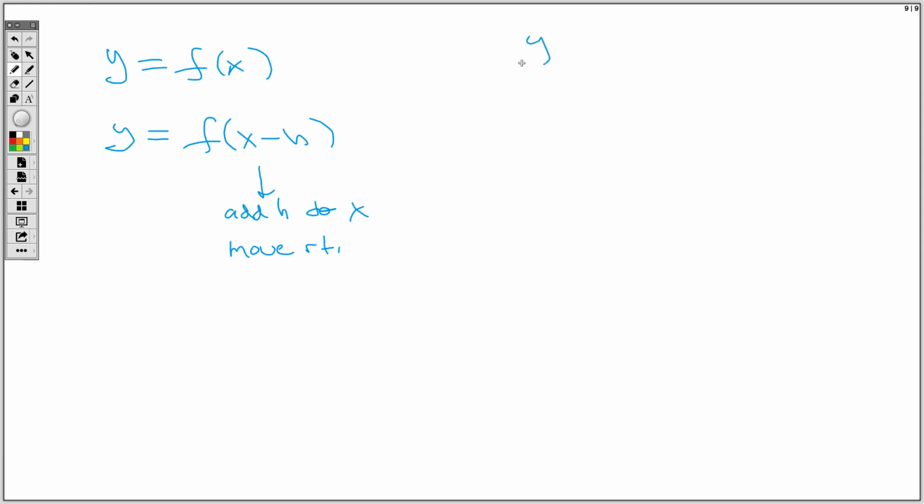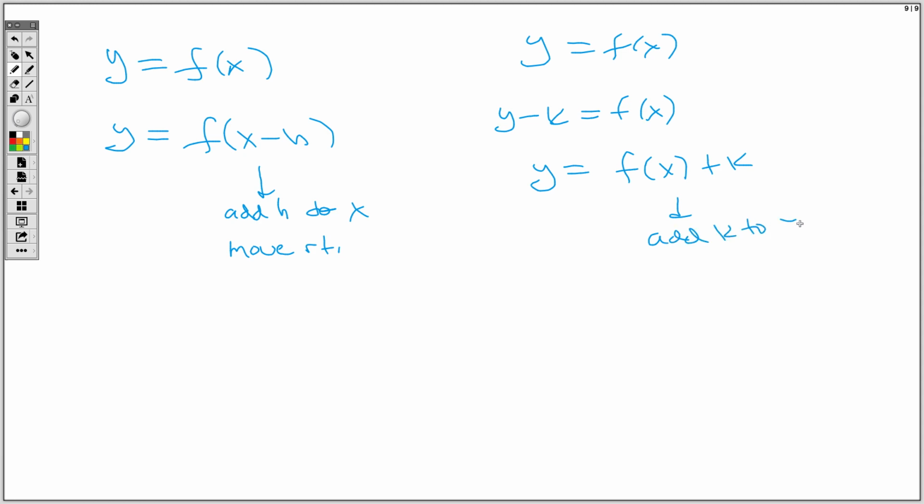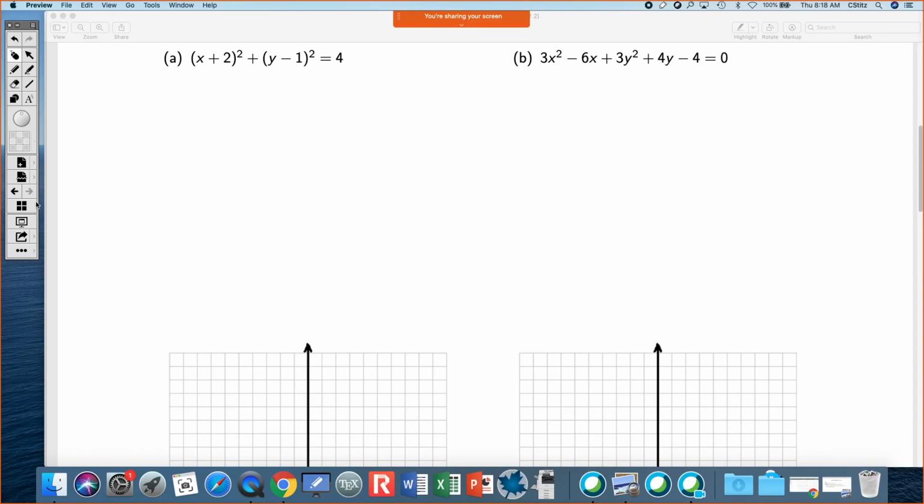And likewise, if you had y equals f of x, and you had a y minus k instead of just y, then you could add that k to the other side, and this would be to add k to the y, which would move up. You follow? So what we're seeing is another instance of these transformations, but they're just built into the formula. Okay, and we'll talk about that here in a minute when we talk about the progenitor of all the circles. But just keep that in mind.